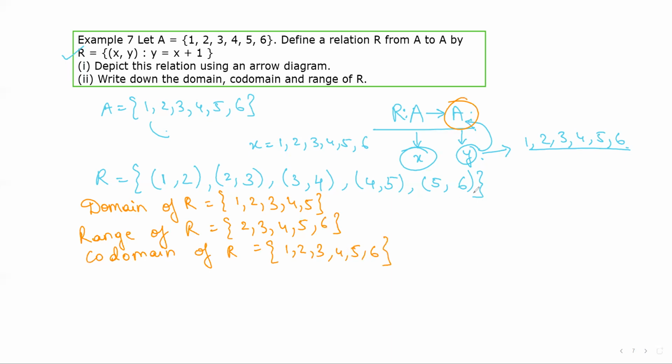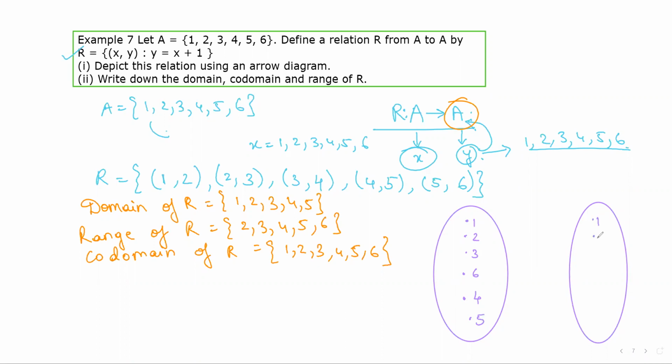Now, for the arrow diagram, let's draw the two sets. Your relation is pointing from A to A. That means in both the values, we'll write 6 elements. Let's write them in sequence.